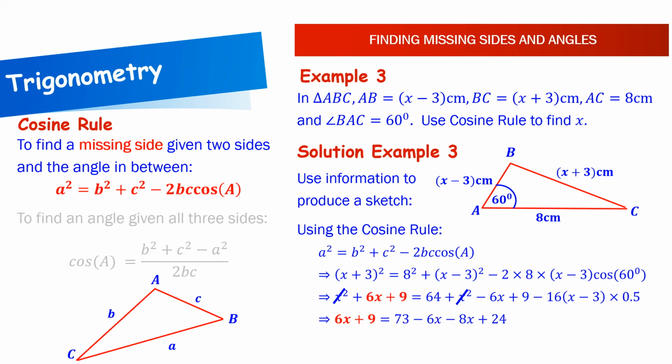And we tidy up, as shown, to give 20x equals 88. And finally, dividing through by 20 gives us x equals 4.4.